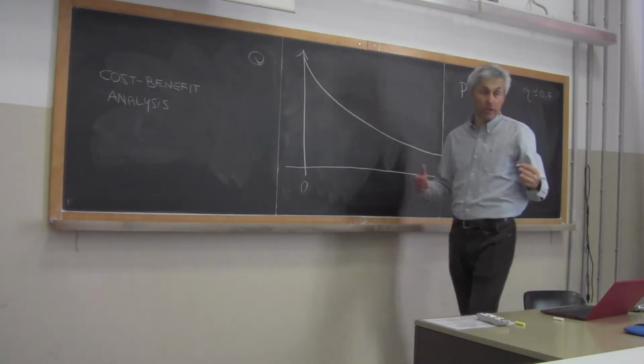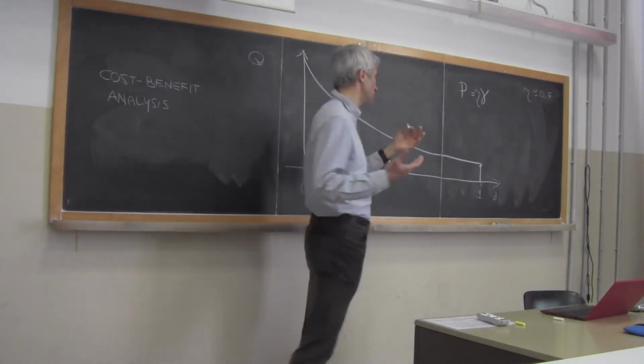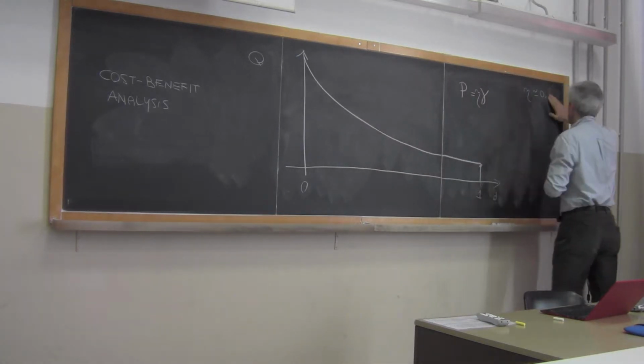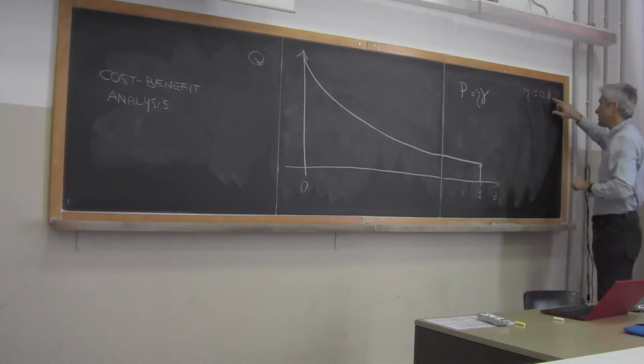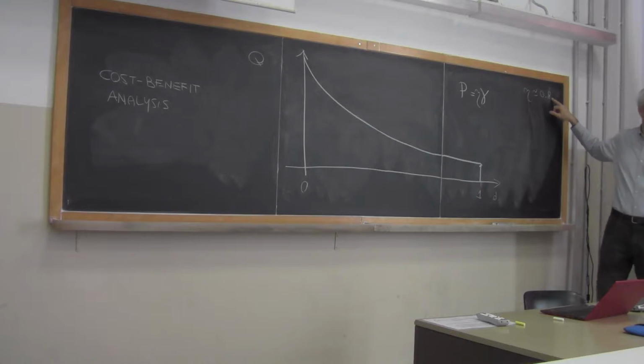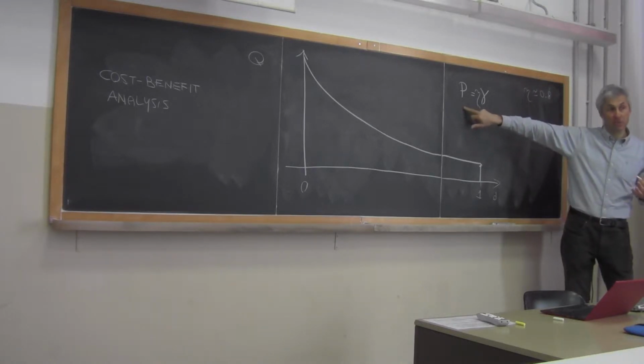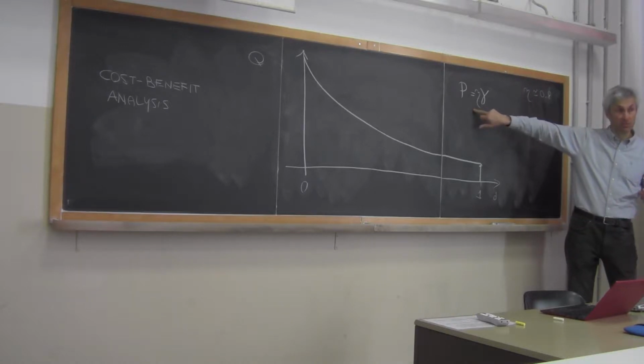Now we have plants that work at 0.8, but okay, let's say 0.8. But you see that a reduction in efficiency of 10% means a reduction in power of 10%, so it explains to you why efficiency is important.